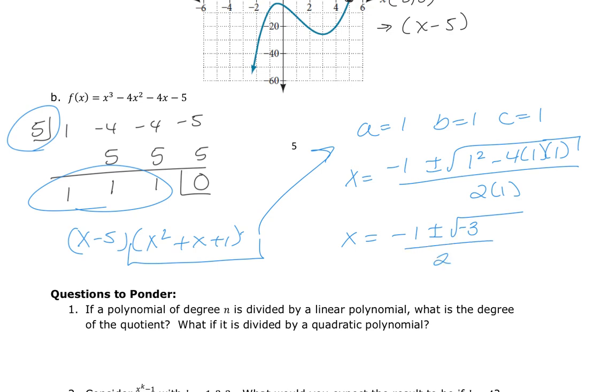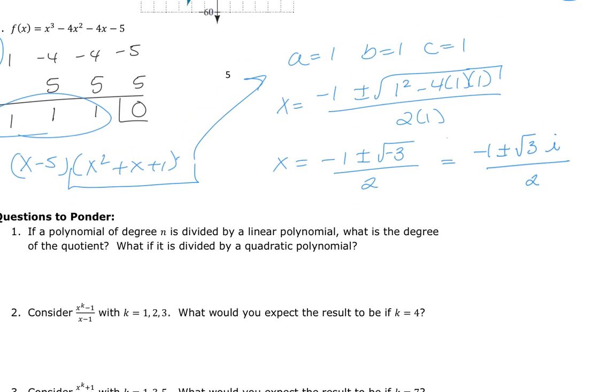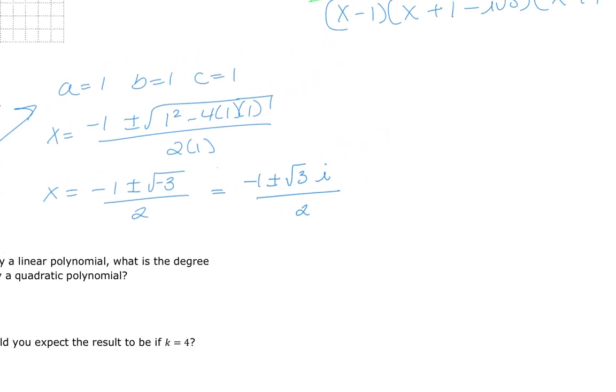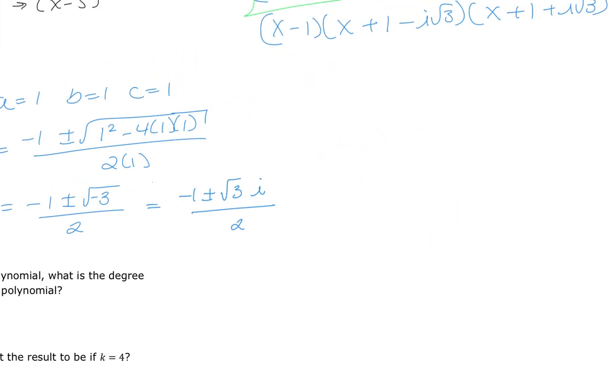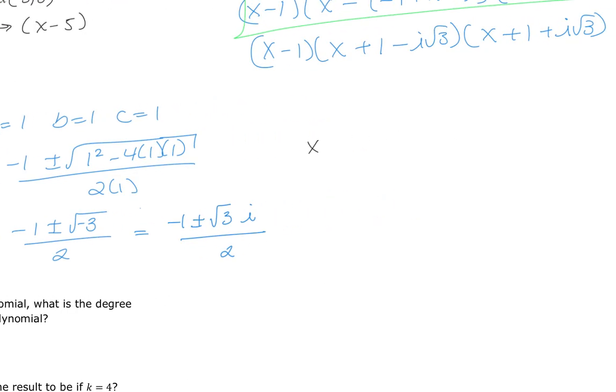And the difference between this one and the previous one is I'm not going to get really nice values here. So this is going to be -1 plus and minus the square root of 3 multiplied by i all over 2. So now I'm ready to do my factorization. So I started out with x minus 5.